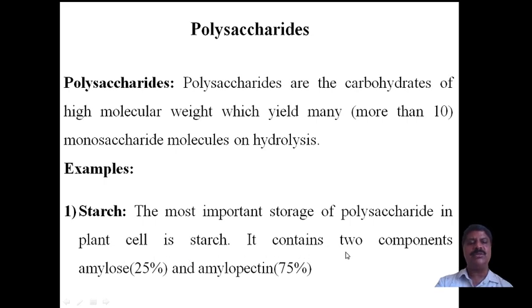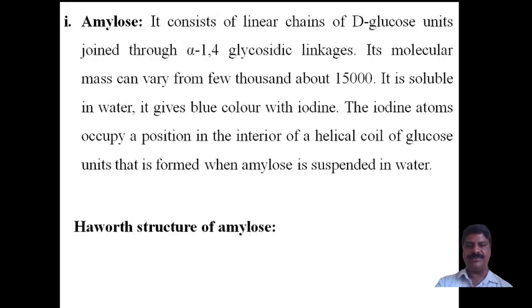It contains two components, namely amylose, which is 25% by molecular weight, and amylopectin, which is 75%. Therefore, there are two components present in starch, amylose 25% and amylopectin 75% of the total mass of the starch.